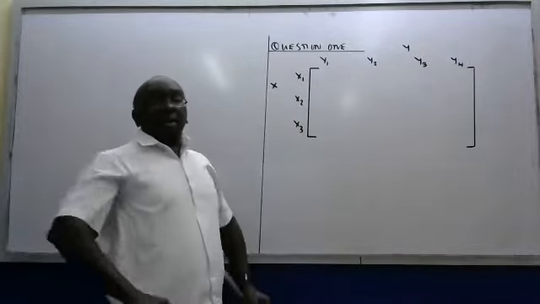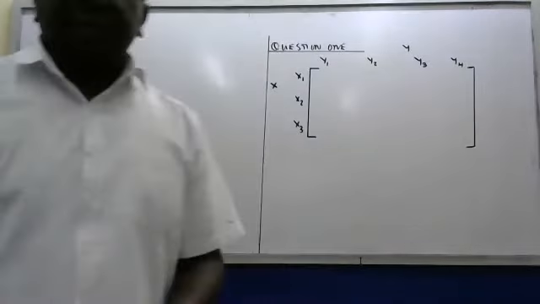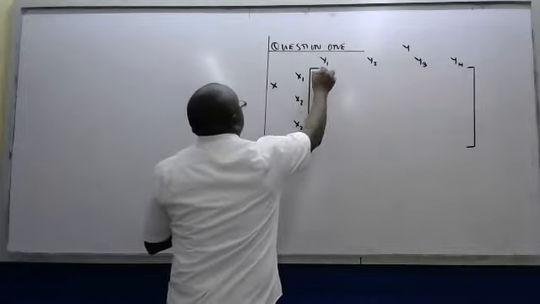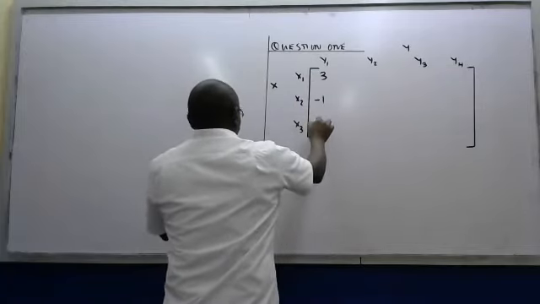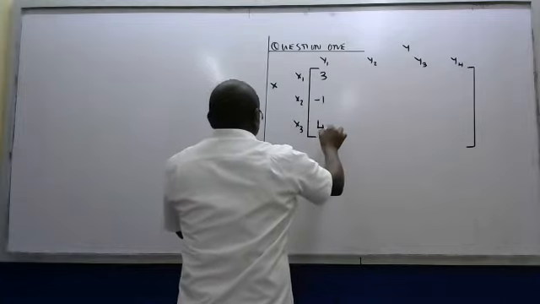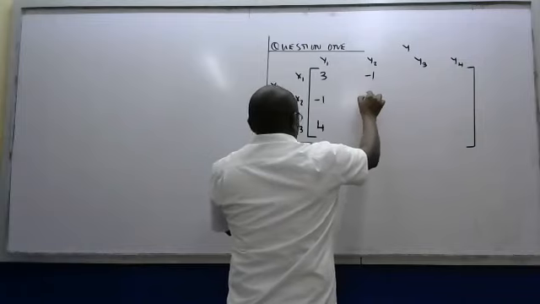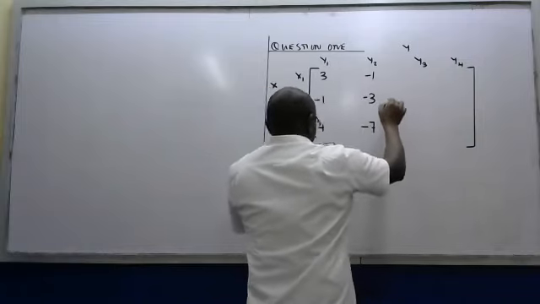It is arranged that way, just copy as it appears. This is 3. This is -1, and this is 4. This is -1, -3, and -7.